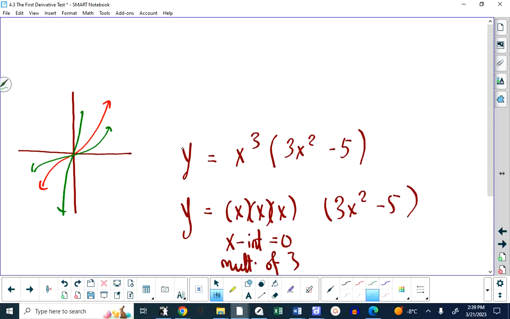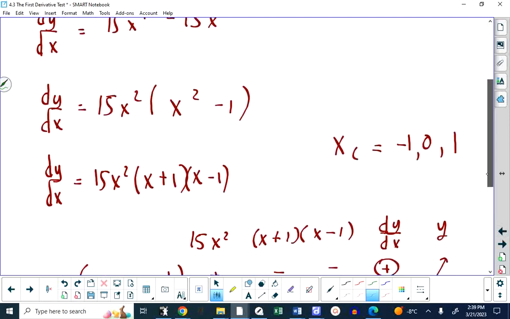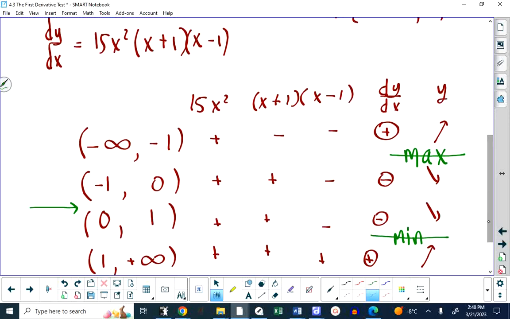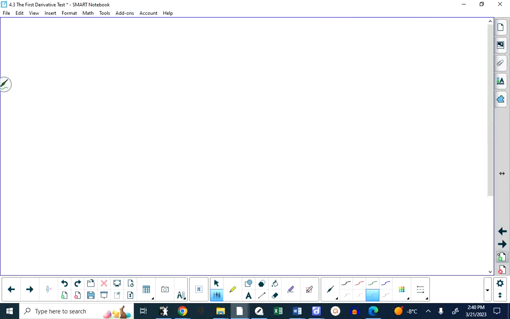But since the derivative was 0 here, it was a critical value because the derivative is 0. That means the slope at that point is, in fact, 0. So it's inflecting, and it's getting a slope of 0 at that instant when it passes through the origin. And that's what I'm going to show you here.